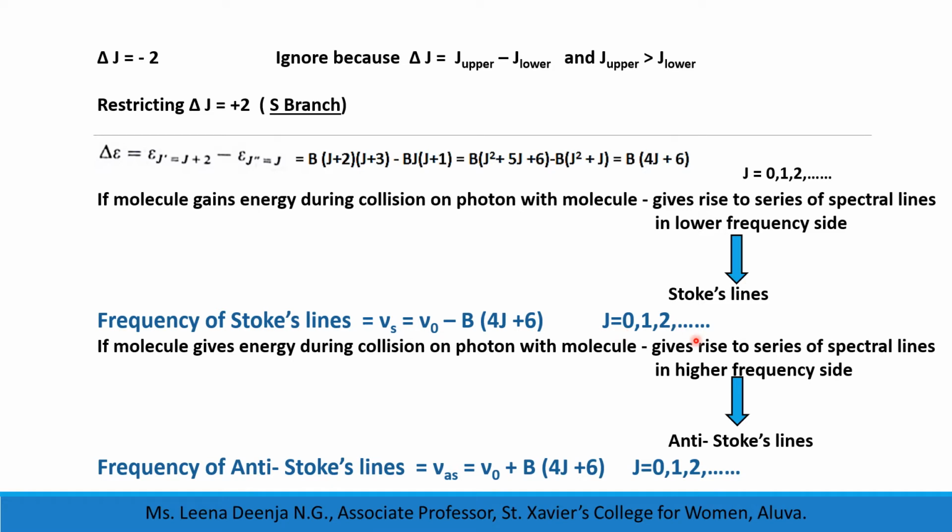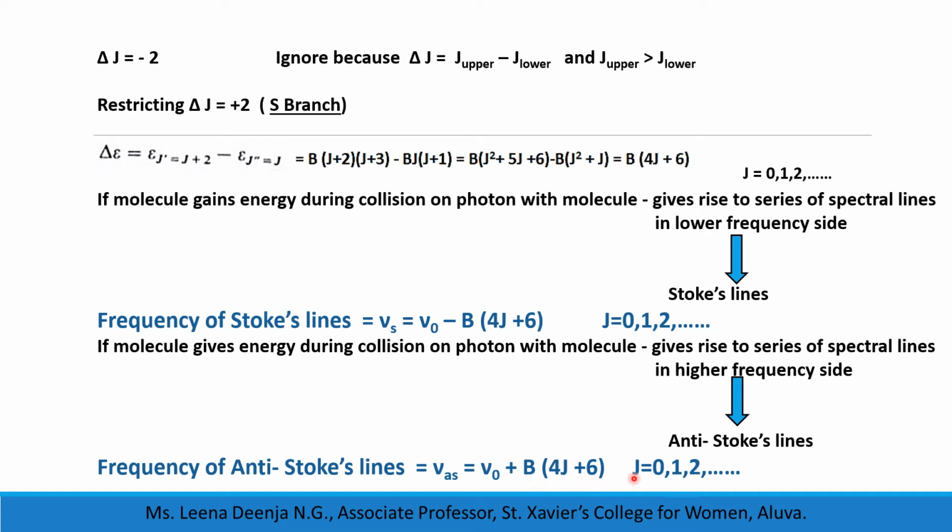And during the collision with the photon, if the molecule gives energy to the photon, then the energy of the photon increases. Such lines we call anti-Stokes lines. And the frequency of anti-Stokes lines will be nu AS equal to nu 0 plus this change in frequency, that is B into (4J plus 6).